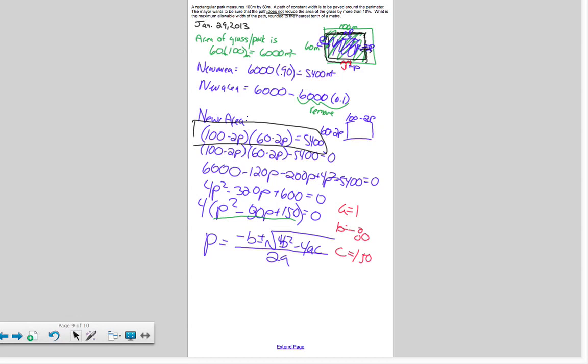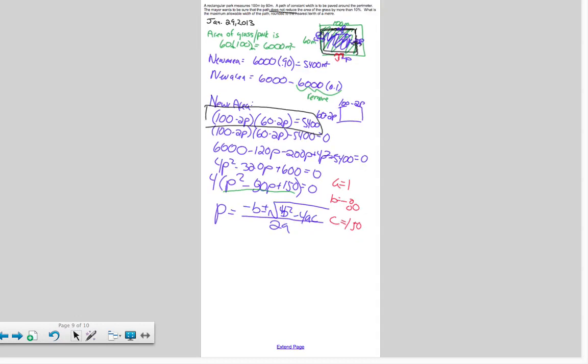So plug that into your calculators. What are you going to get? Wait, what's wrong with b? b is negative 80. So p is equal to 80 plus or minus the square root of 80 squared, 6,400, minus 4 times 1 times c, which is 150, so 600, all over 2 times a, which is 1.